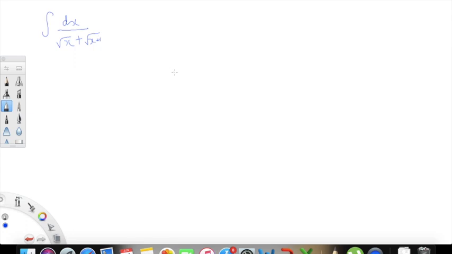So this is x plus 1, guys. I'll rewrite it for you. Now as we can see, we cannot apply any of the formulas which I had given to you, but still, this problem is a relatively easier one.